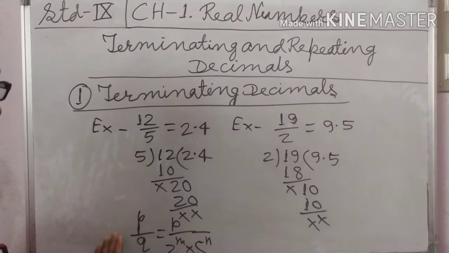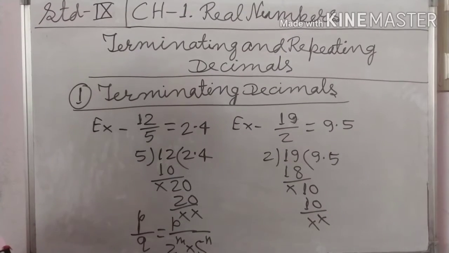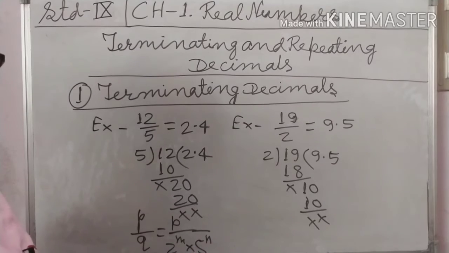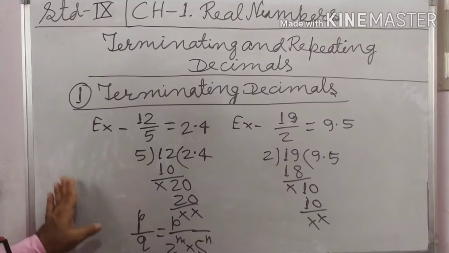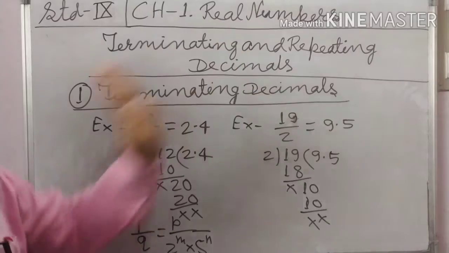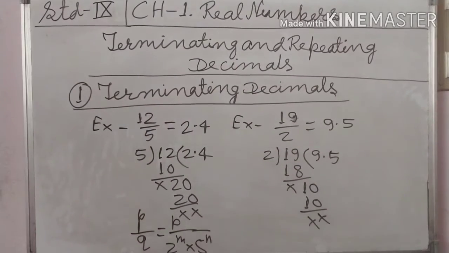In a rational number p by q, if the factors of q are 2 and 5 only, then it is expressed as a terminating decimal.